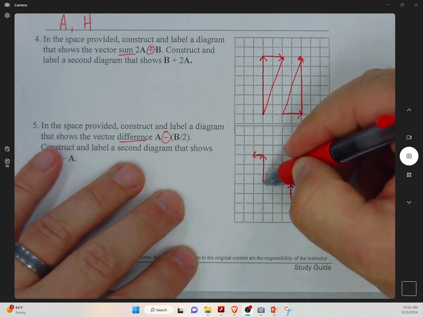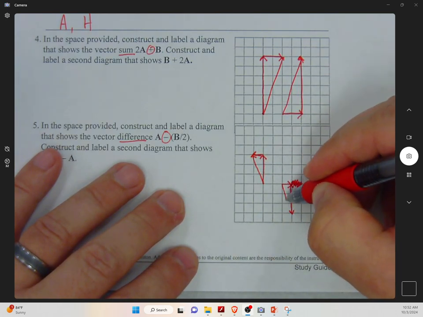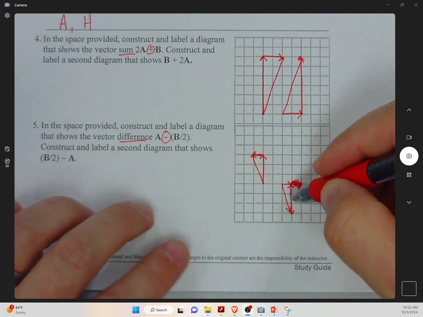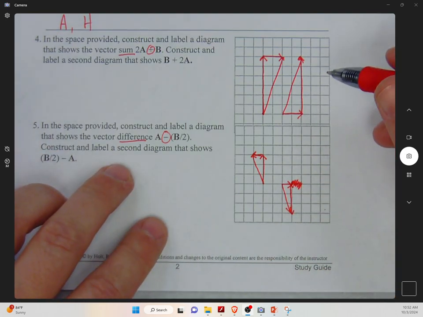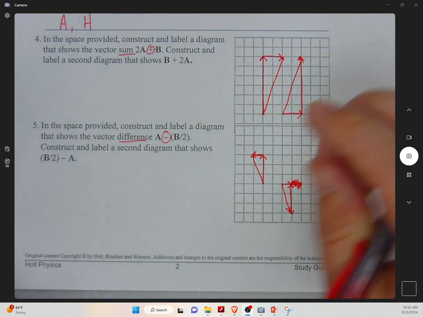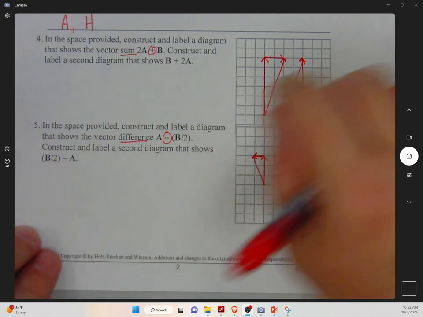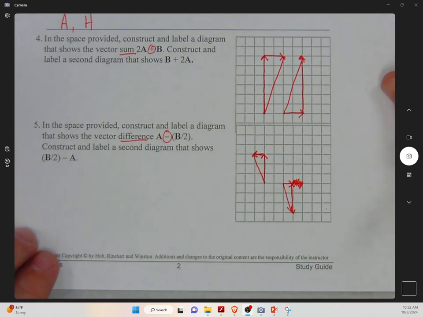Start here, go there. Now we're starting here, going there. Here, the magnitude of the resultant is the same, but it's in the opposite direction. Why is it in the opposite direction? Yep. Change in directions.